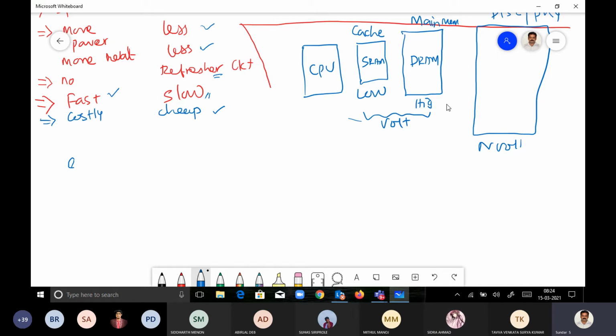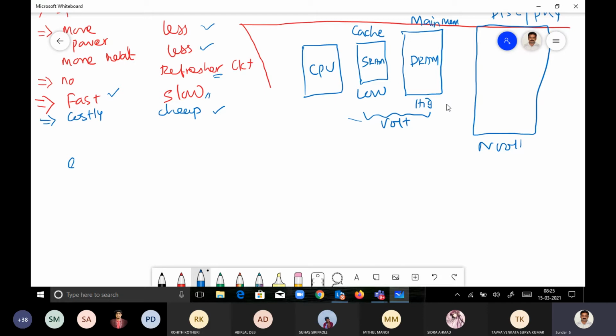Sir, the access will be faster, but it depends on which location it is located. The time taken to access the data. Yes, thank you. Whenever the CPU is looking for something, if that something is available in static RAM, then the overall speed of execution will be improved.